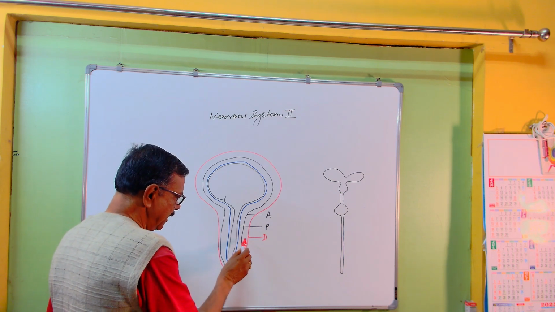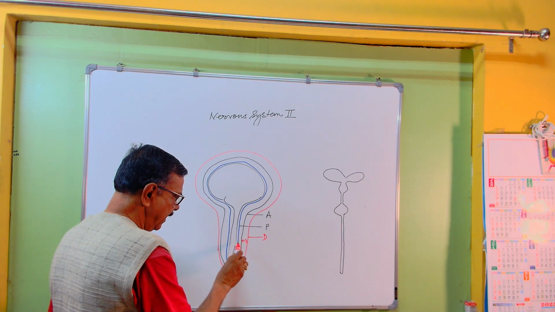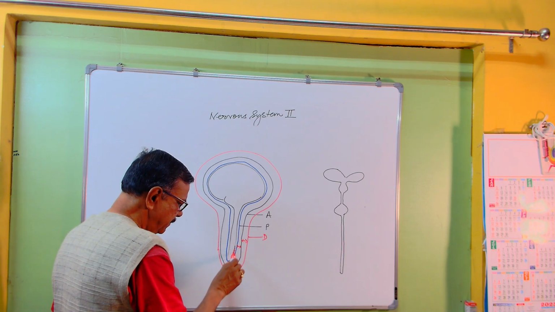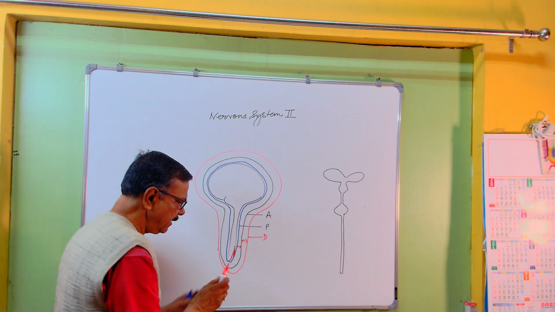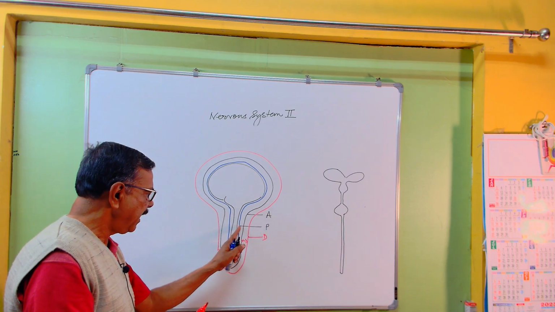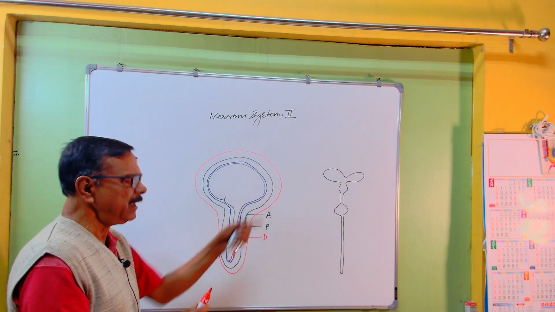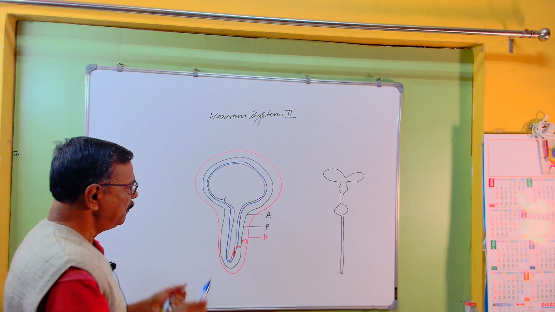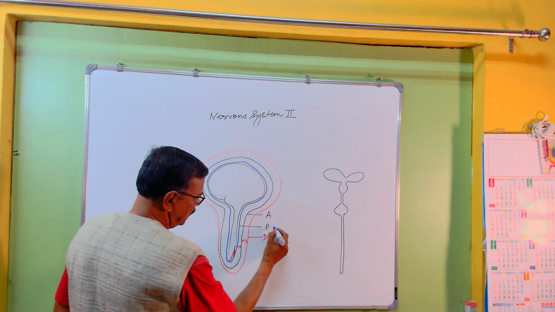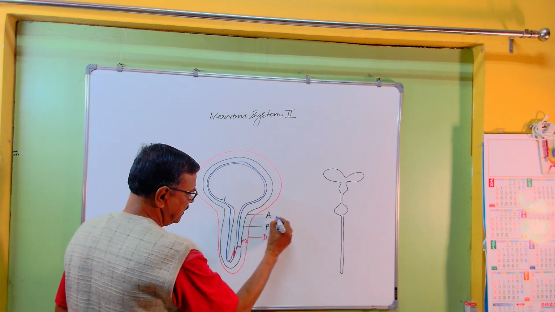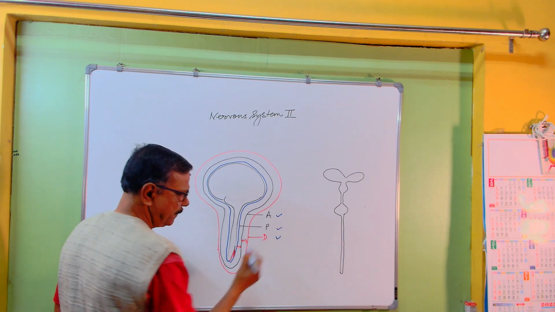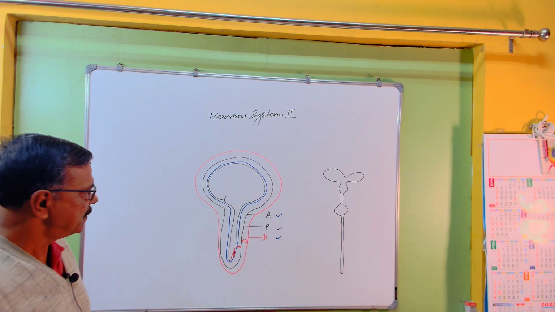So there is a subdural space and there is a subarachnoid space, and the pia mater does not have any space. The pia mater and the spinal cord as well as the brain do not have any. This one I have told you is like the coat.